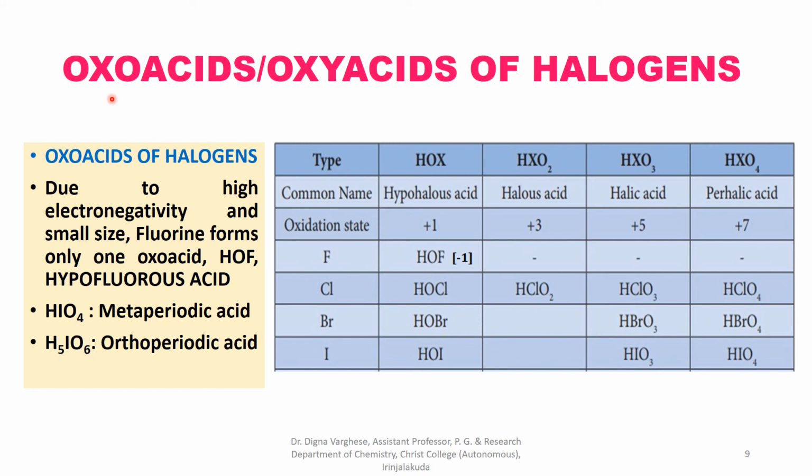Next topic is oxoacids or oxyacids of halogens. Due to the high electronegativity and small size of fluorine, fluorine forms only one oxoacid, that is hypofluorous acid, HOF. The table shows different kinds of oxyacids of halogens.